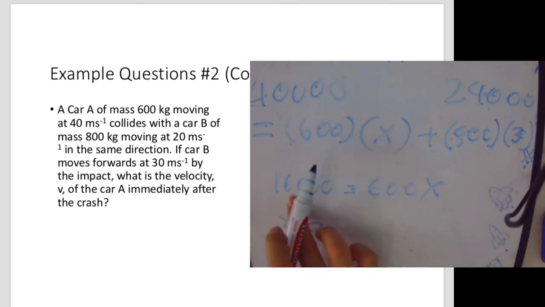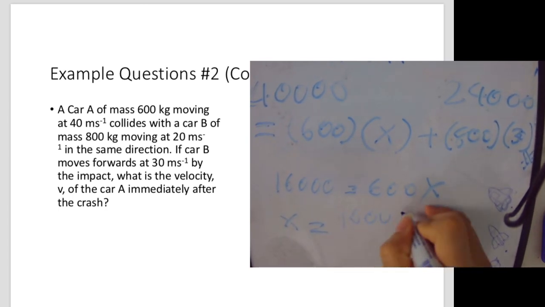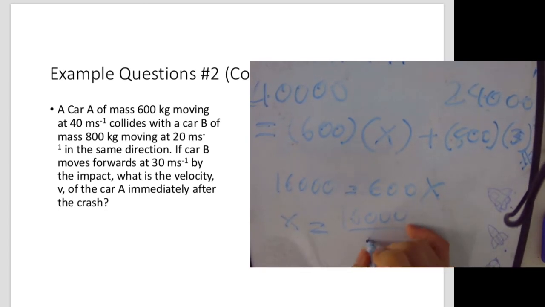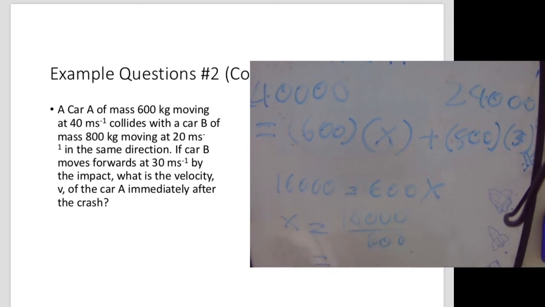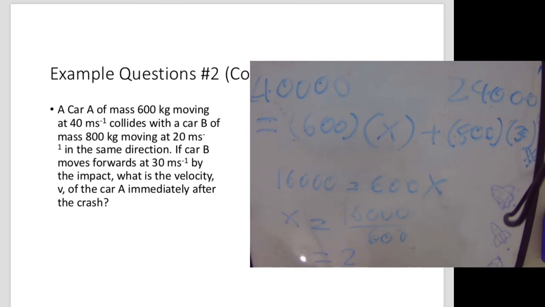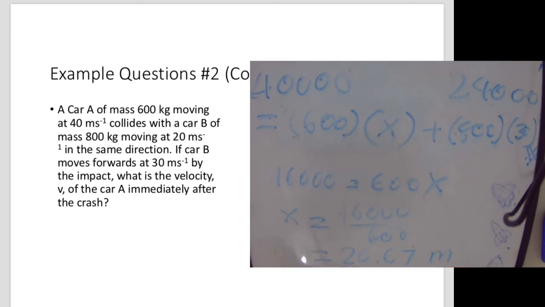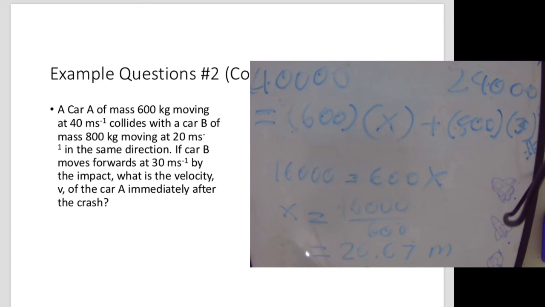So 16,000 equals 600x. X equals 16,000 divided by 600, and you get 26.666666, but we just round it off to 26.67, or even 26.7 is fine, depending on how accurate you want it to be. So that will be your final answer. Okay?